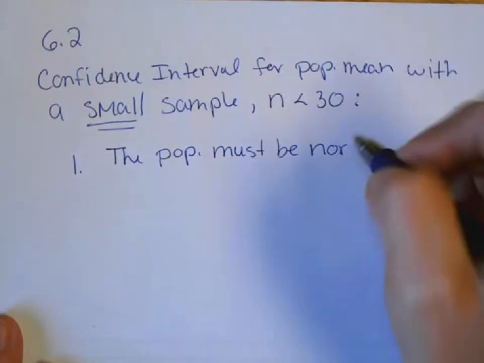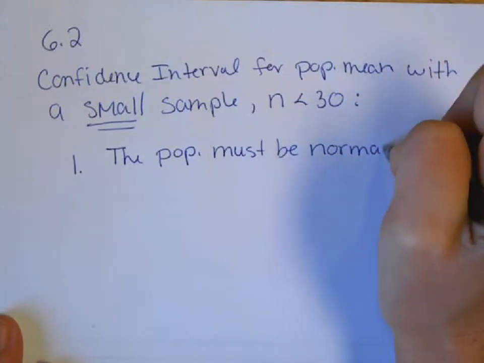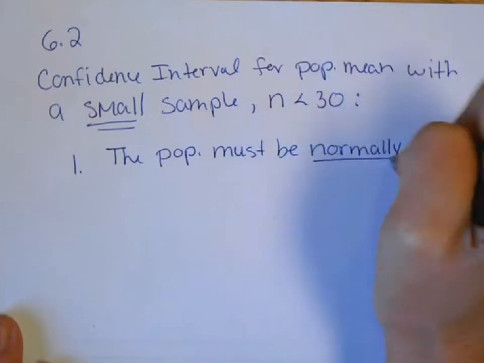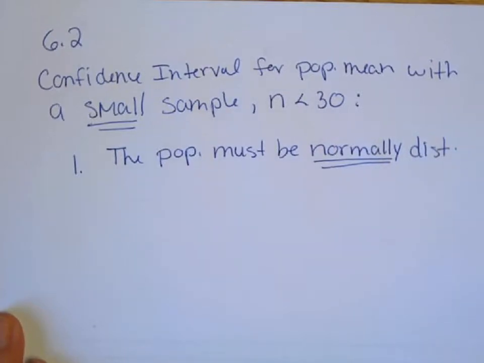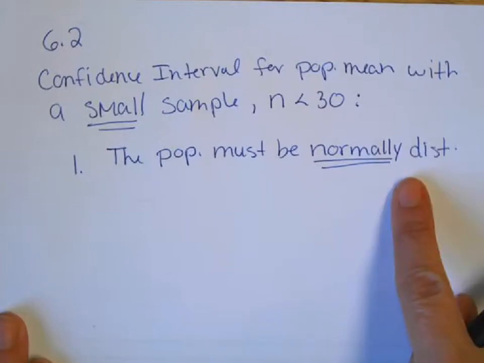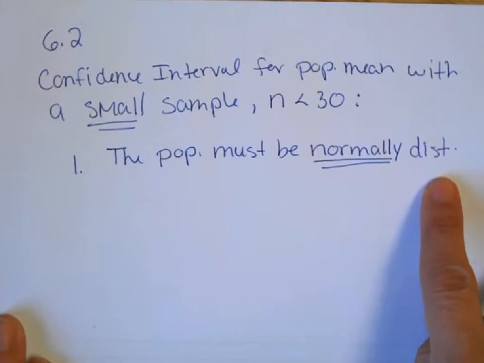This takes us back to that central limit theorem. So if it's under 30, you have to know that it came from a normally distributed population. If it doesn't say anything about the population being normally distributed, you cannot do any statistics with it. Okay? So the population must be normally distributed.